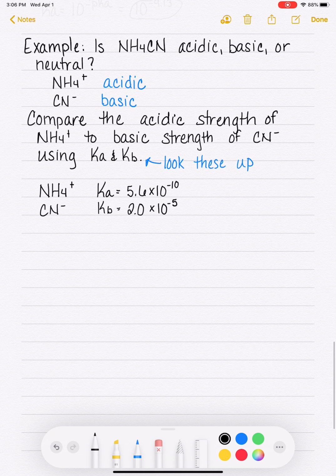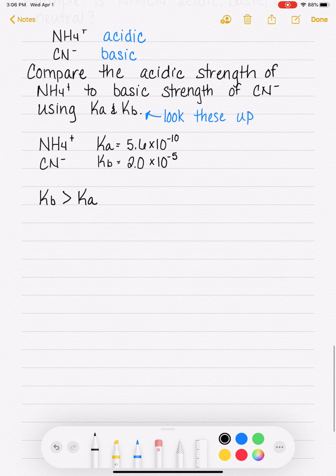And don't let the negative exponents trick you, because negative 10 is smaller than negative 5. So in this particular case, Kb is greater than Ka. The Kb value is a larger number than the Ka value, which means that the cyanide is a stronger base than the NH4 plus is an acid.